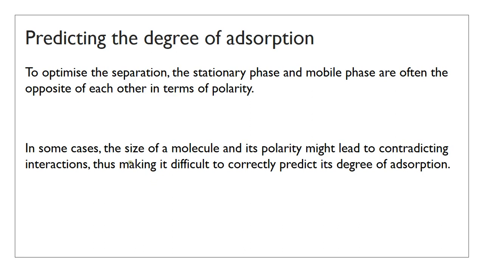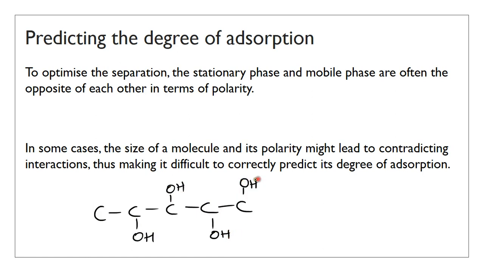Now, in some cases, the size of a molecule and its polarity might lead to contradicting interactions. So you can have something that is very big, for example. This one's probably not that big in retrospect. I mean, if you think of a lot of macromolecules, they are a lot bigger than this. Or if you think about sugar, which is a pretty big molecule, size of 180 grams per mole.